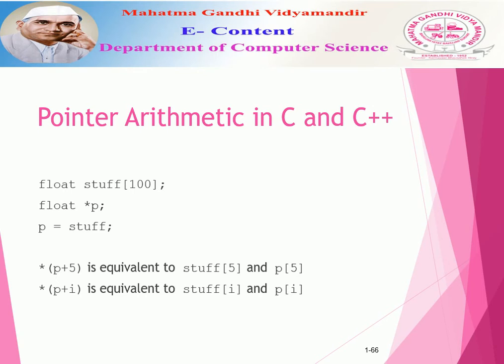So if you access like this, *(p+5), it is equivalent to stuff[5] and p[5]. And if you write *(p+i), i can be a value from 0 to 99, and it is equivalent to stuff[i] and p[i].